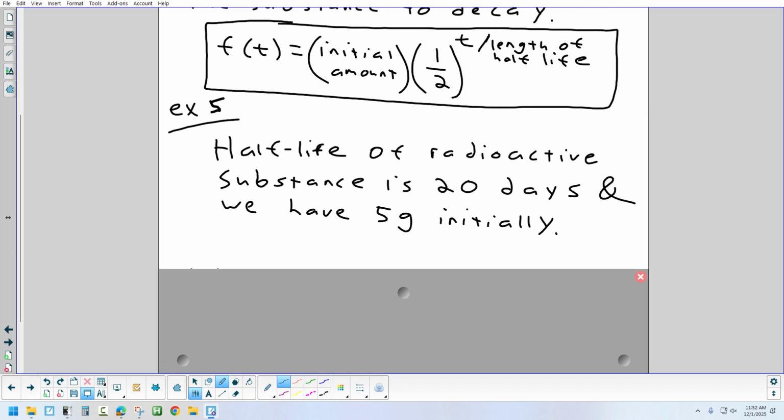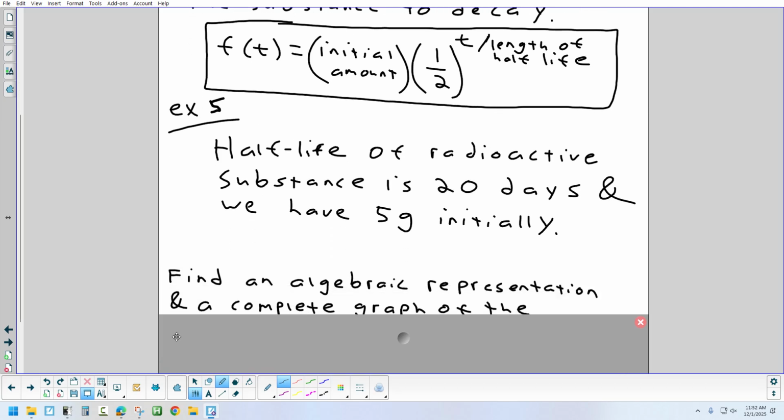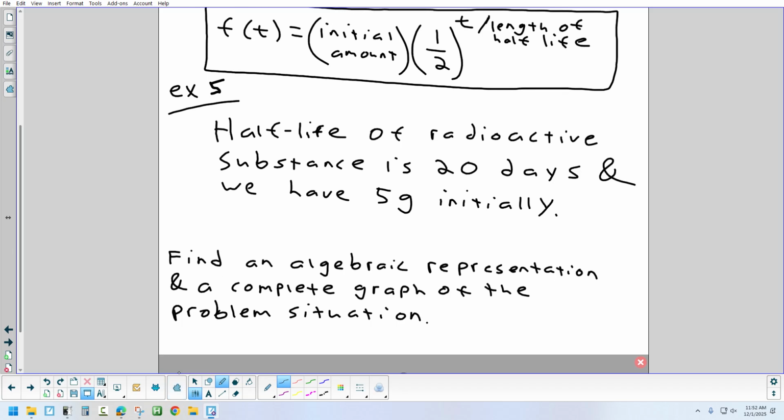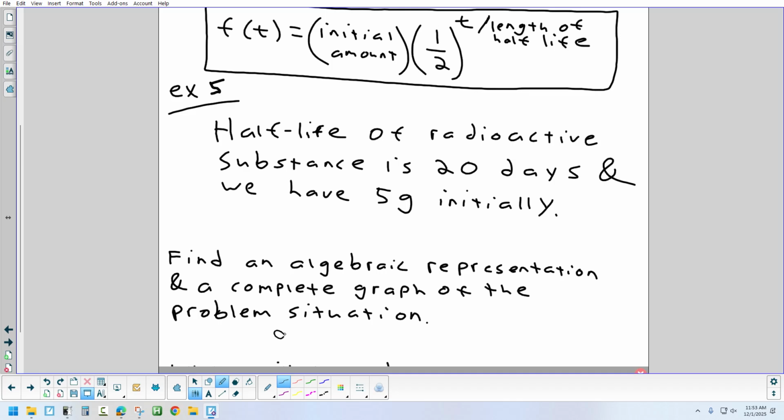All right, so we know what we're starting with. We know the half-life. So they want us to find a formula and graph. Let's do the amount as a function of time. What comes right after the equal sign in the half-life formula? The initial amount. Yeah, 5, which is the initial amount. So 5 grams.